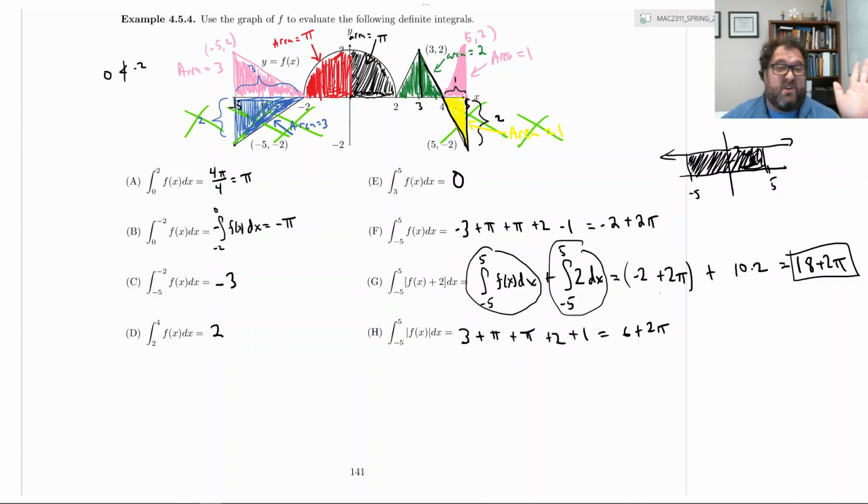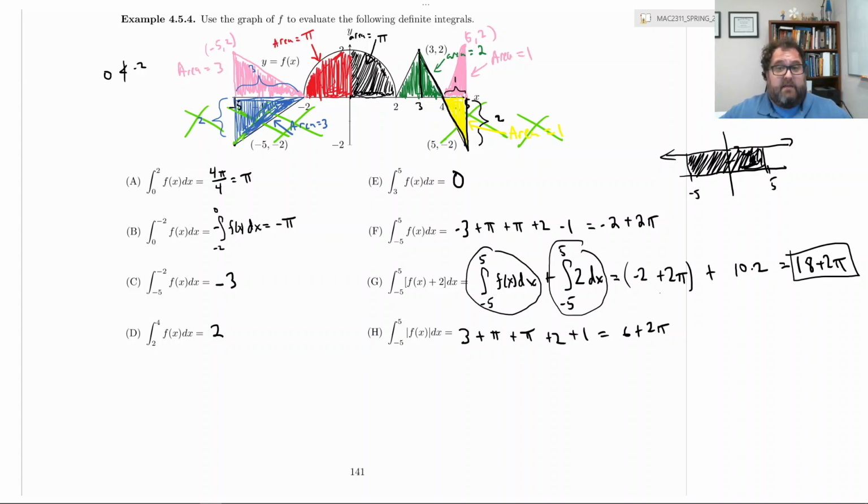I'd say probably for sure a test question, because I always ask some sort of geometry, definite integral via geometry type question. And I like to ask questions on a test or exam that really test to make sure that you have straight in your head the difference between area and a definite integral.